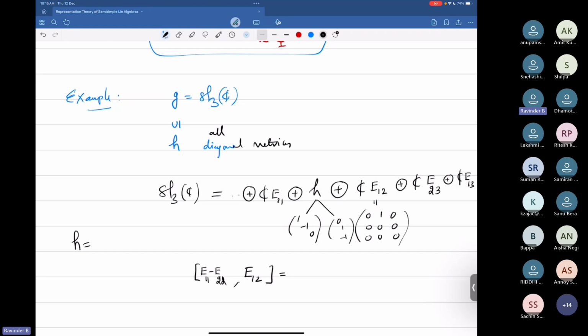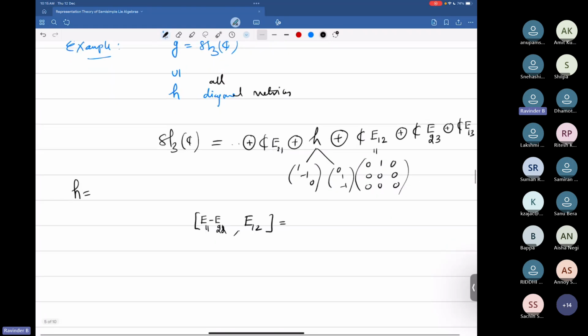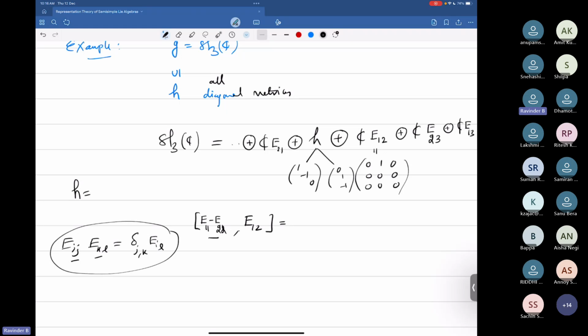If you do this product, you all know how to multiply Eij and Ekl. It is an easy observation that it gives something only when j is equal to k. So if you multiply this, when 1 equals 1, I get E12. That is the product AB. Then I have to do BA.